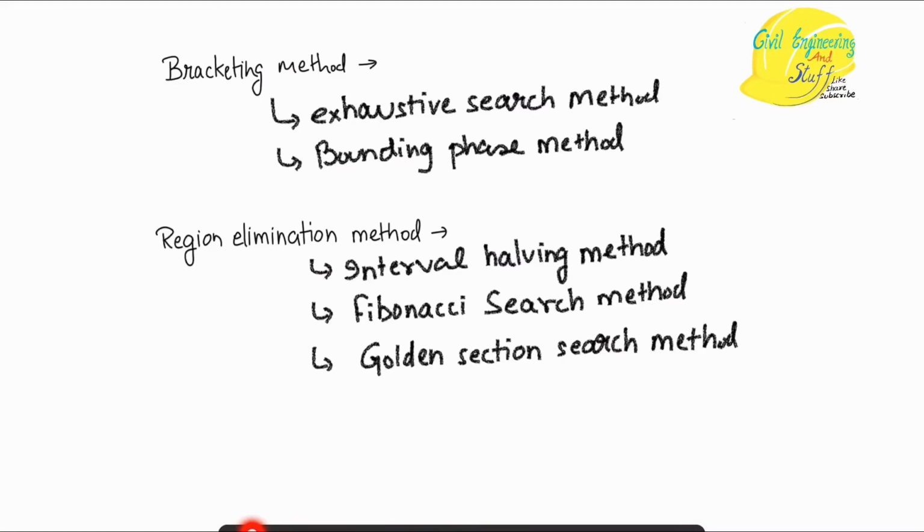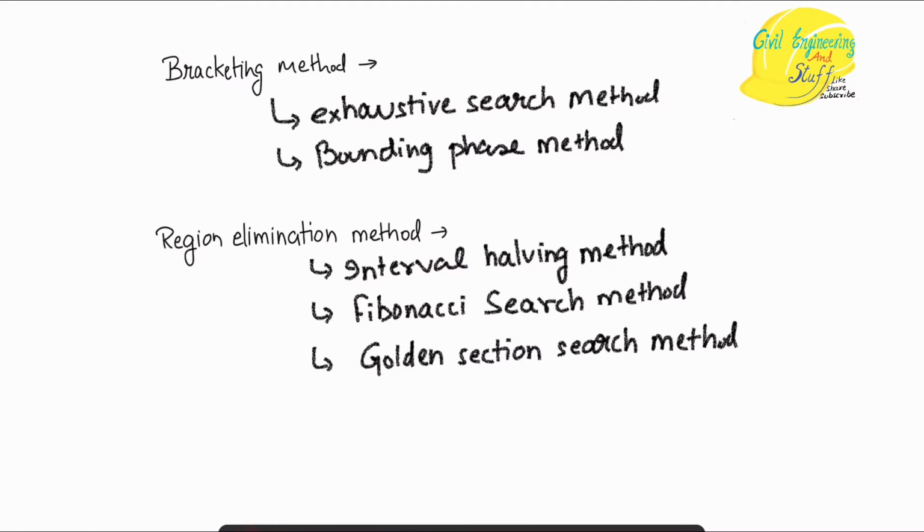Hello everyone. So after the previous lecture, we have covered these topics. In the first, we started with the bracketing method to optimize our function, to find out the range in which the minimum of a function will lie.